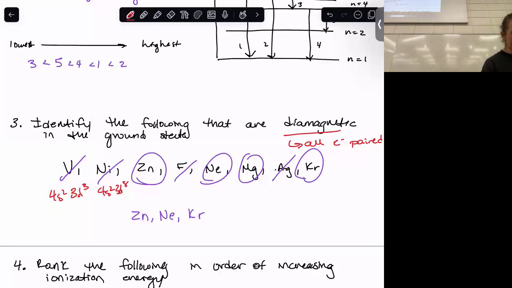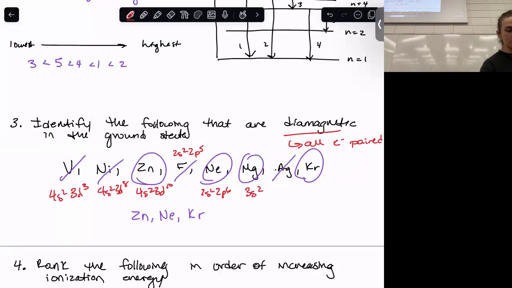For zinc, we have 4s2, 3d10. What is that one? That's all paired. That one's diamagnetic. Fluorine is 2s2, 2p5. What is that? One unpaired, can't be diamagnetic. Neon is 2s2, 2p6. What about that? All paired. Magnesium is just 3s2.